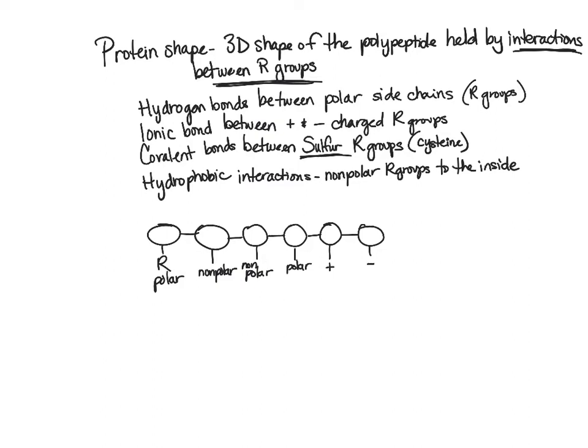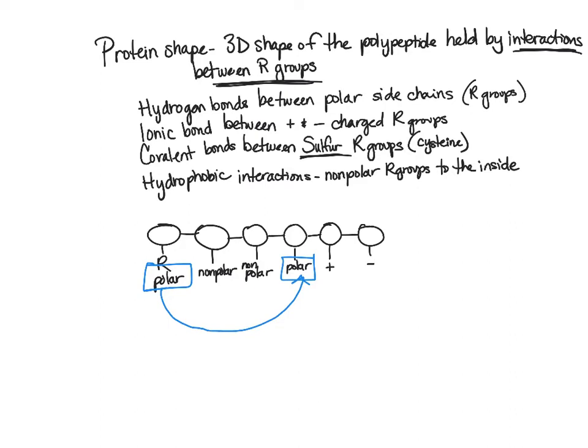So if we have, for example, our polar side chain here, let's see, this first one is a polar side chain. Then we can talk about it bending, so this chain might bend so that this one is going to be close to this one, these two polar ones, because polar likes to be near polar. And so we might have some hydrogen bonds between these two polar chains because of a bending of the chain here.